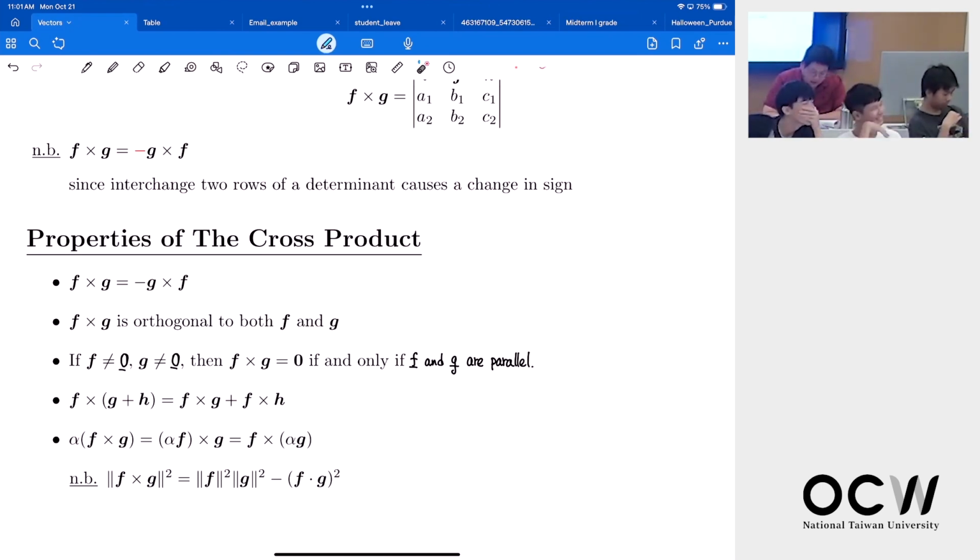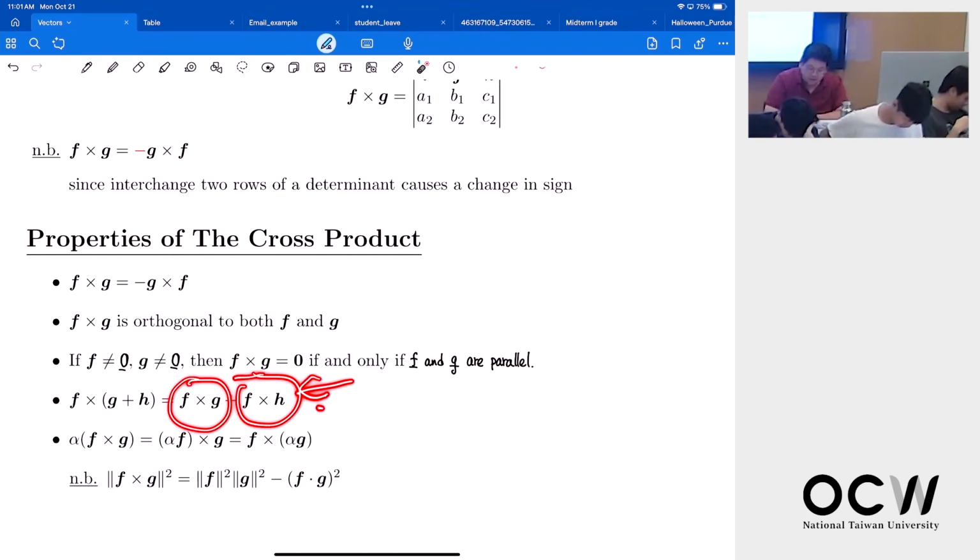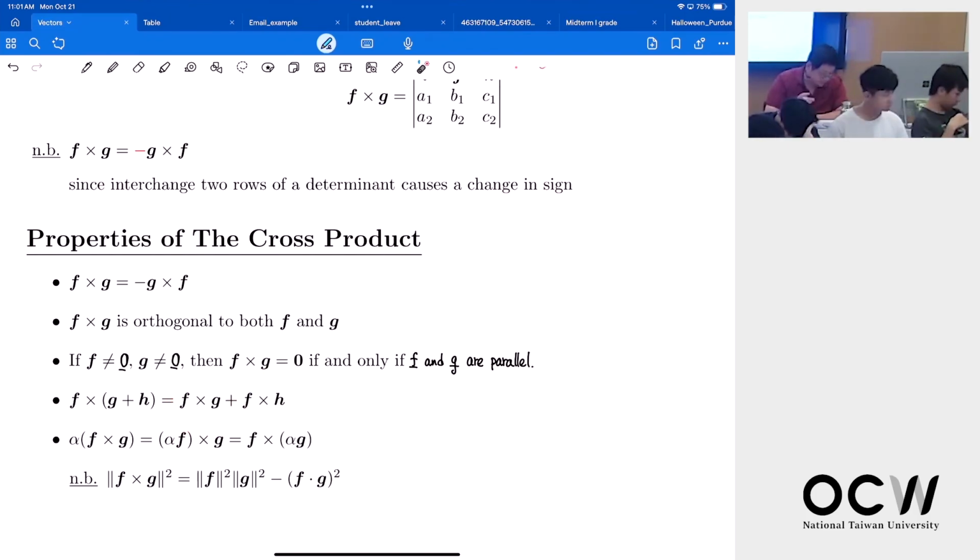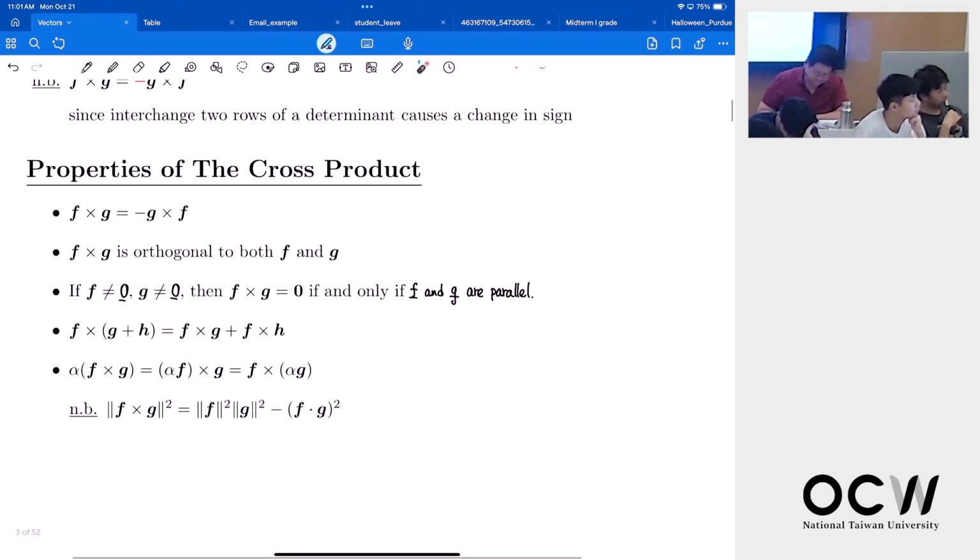Now, if I do the cross product with a sum of two vectors, I can do the cross product with each first and then sum them together. If I have a scalar alpha, you can think about this alpha belonging to f or to g. And then let's see the magnitude, or the norm square, of the cross product.